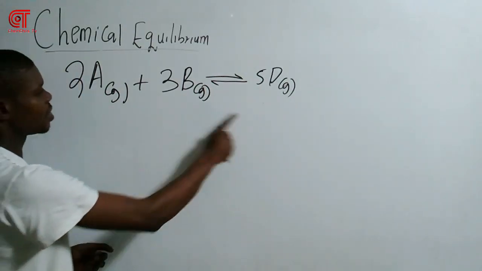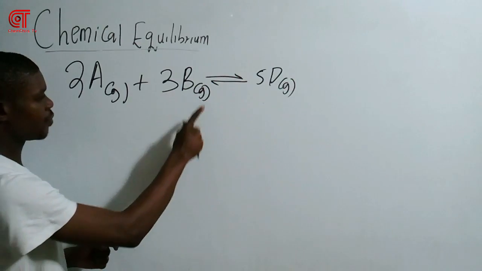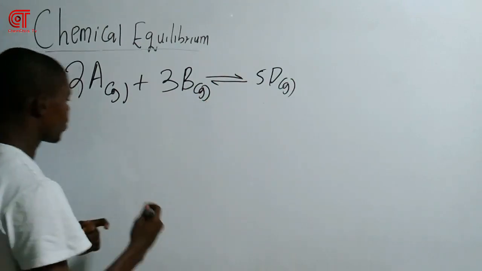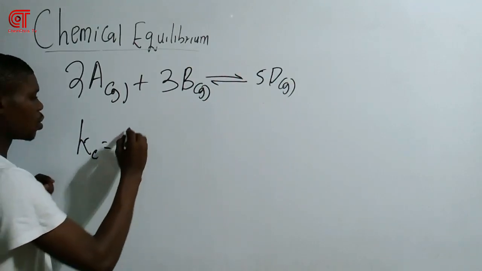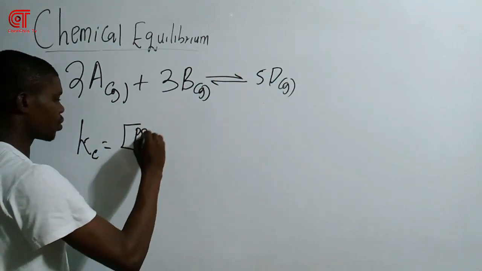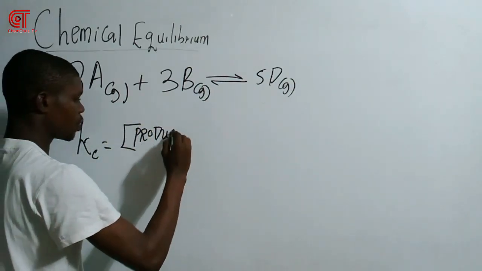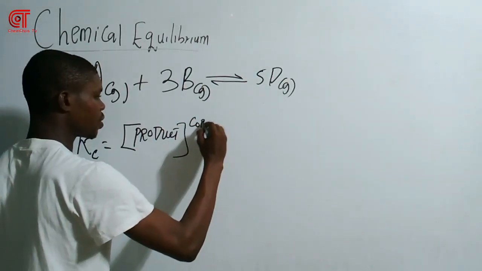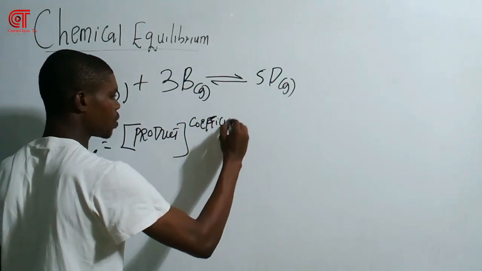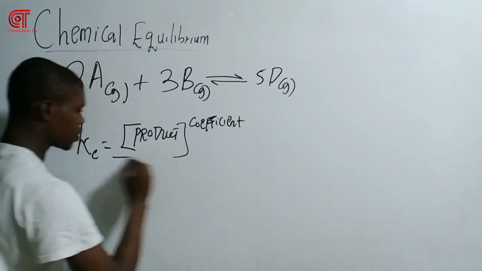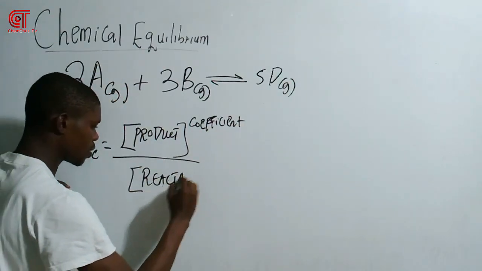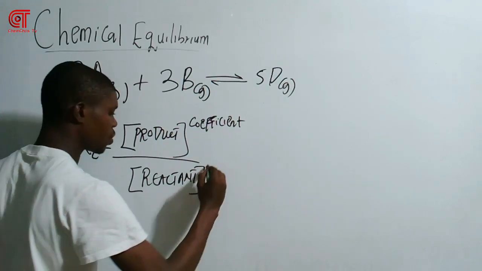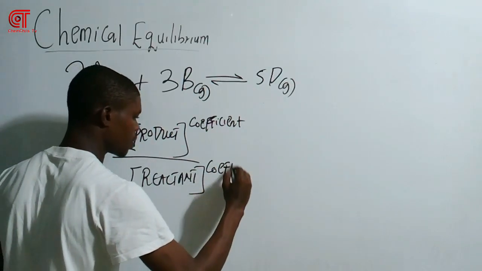Now, if you want to write the equilibrium constant expression for this reaction, Kc is the concentration of the products raised to their coefficients over the concentration of the reactants raised to their coefficients.